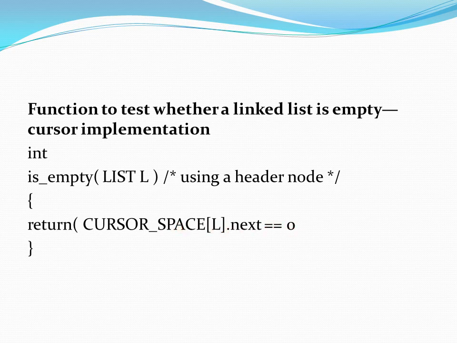In the previous diagram I told, last element of the list next position contains 0. So I am checking here cursor space of L dot next equal to 0. If it is true, then returns 1 means the list is empty. If the cursor space of L dot next is not equal to 0, it returns 0 meaning the list is not empty.